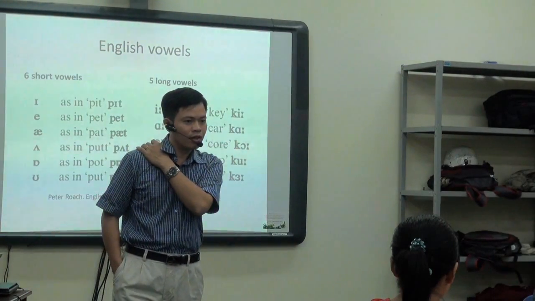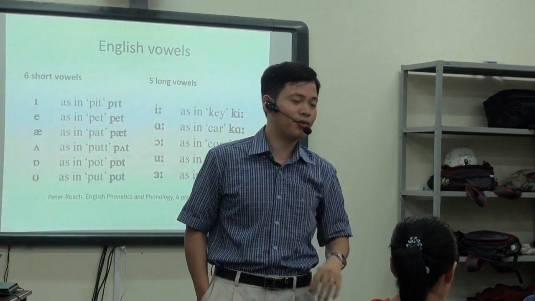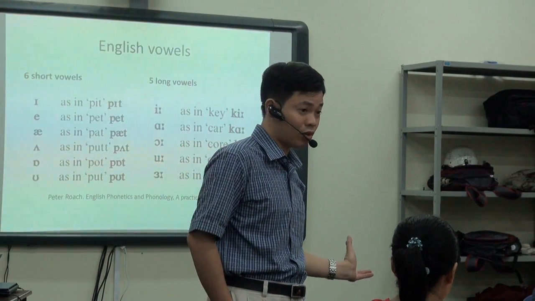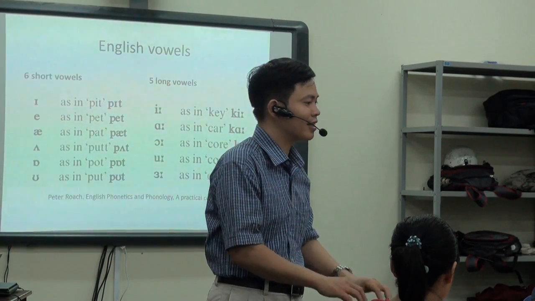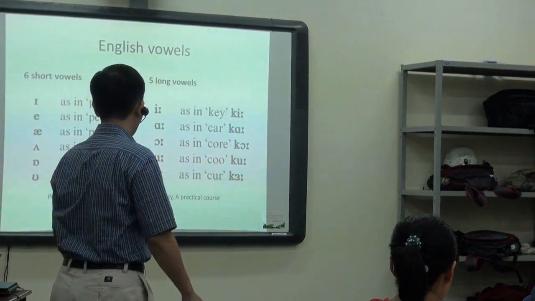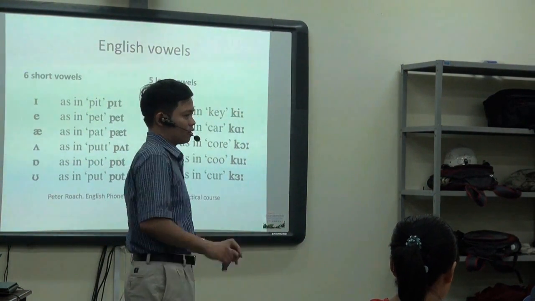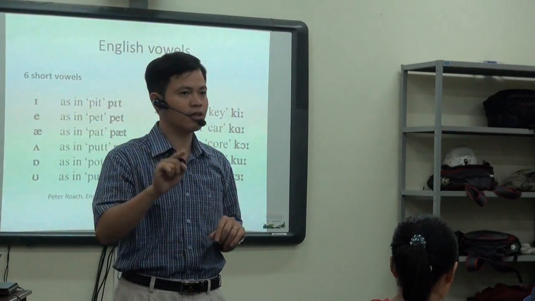These vowels should be very familiar to you, because I believe that the textbook that you use for phonetics and phonology was by Peter Roach, right? The one with the green cover. Alright, great. So, long vowels are represented with colons, 2 dots.